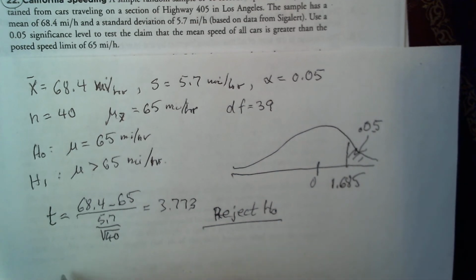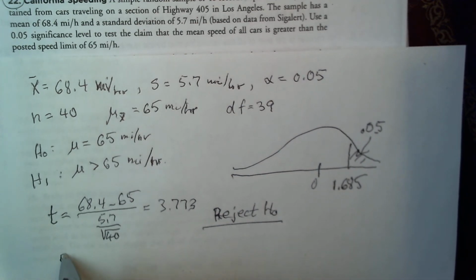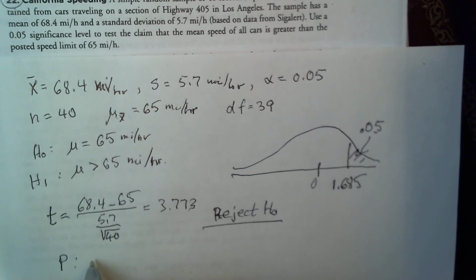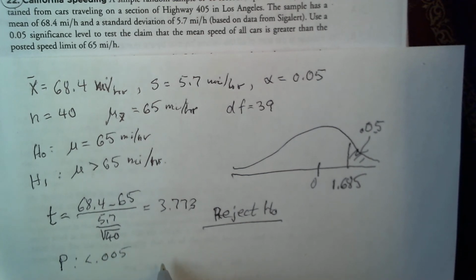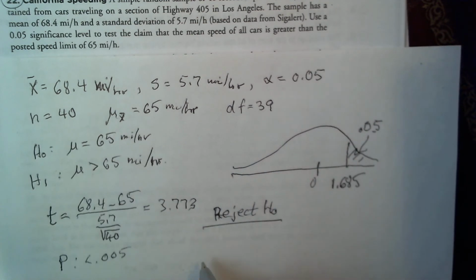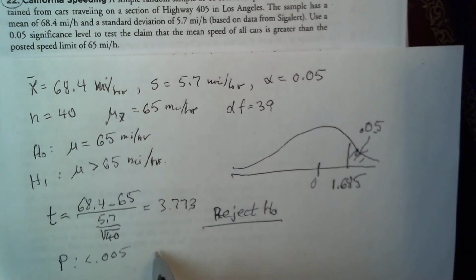And if we look up the p-value by using technology, we find that p is less than 0.005. So again, the p-value is less than our alpha.